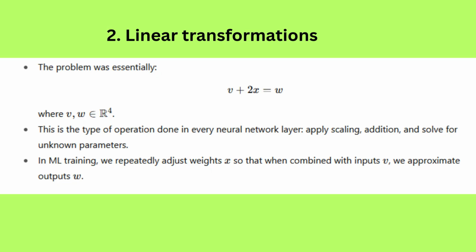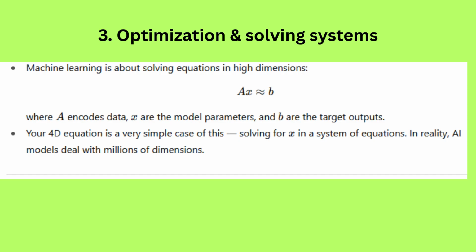So in machine learning training, we repeatedly adjust weights x so that when combined with inputs, we approximate the outputs. We also use this kind of problem to understand optimization and solving systems. Machine learning is about solving equations in high dimensions.